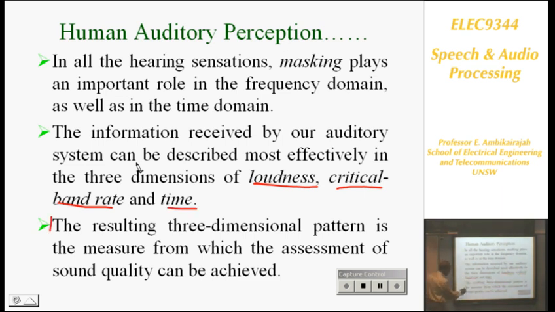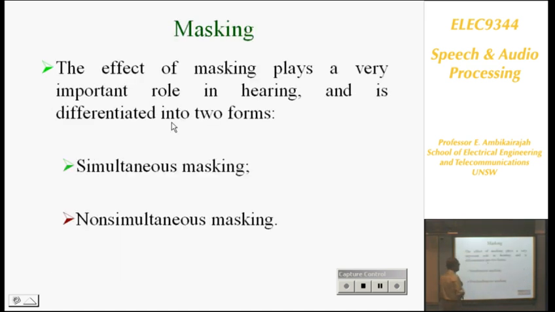So from the resulting three-dimensional pattern, the human auditory system can work out what the sound is like. Is it a high-quality sound, or a low-quality or poor-quality sound? The human auditory perception system is extremely good in deciding what sort of sound it is.